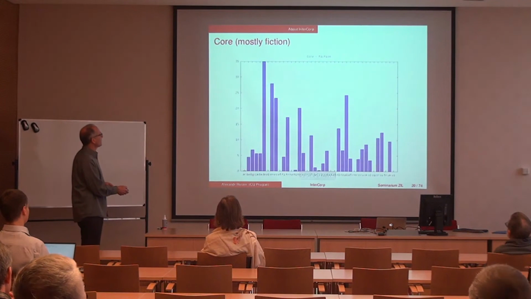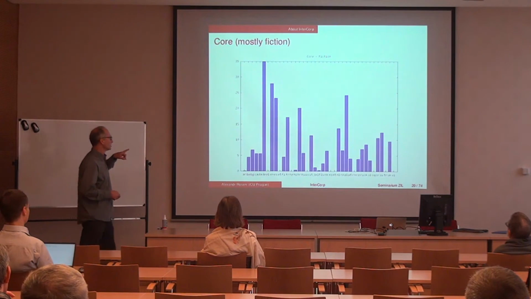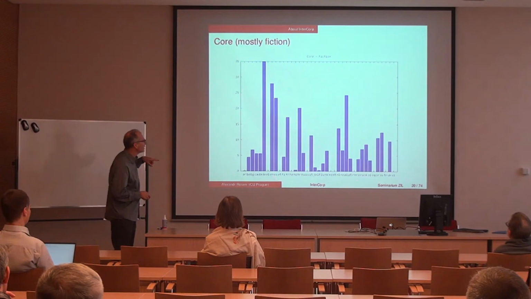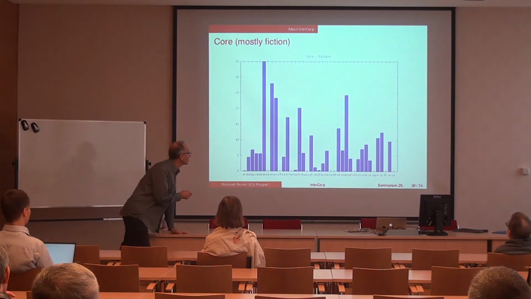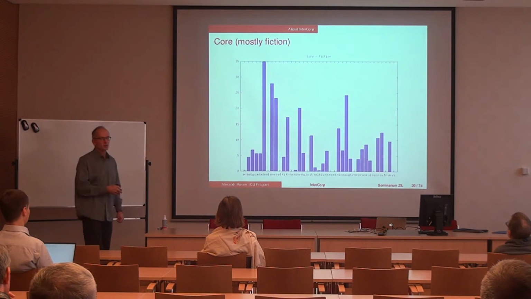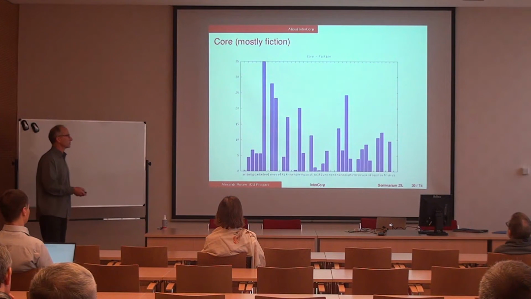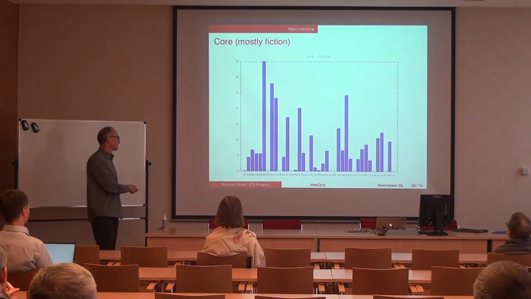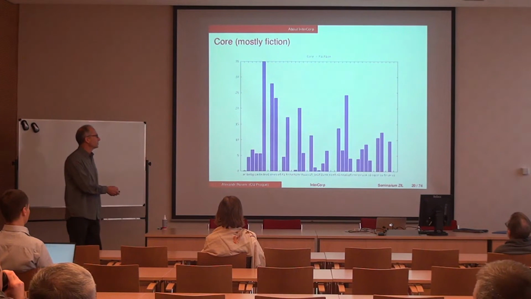But if you look at the core part, German is the winner. Then comes English, Spanish, and Polish. Polish is more or less the same as Spanish as for the fiction part. Some languages have a very, very small core, so Arabic, for example, or Latvian.